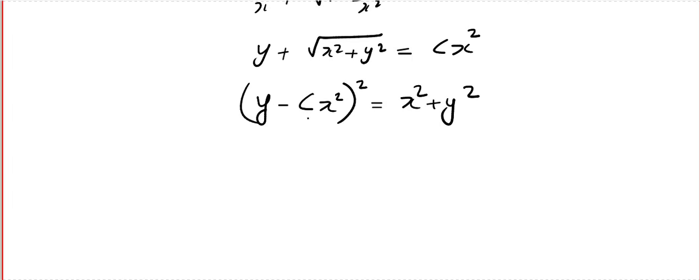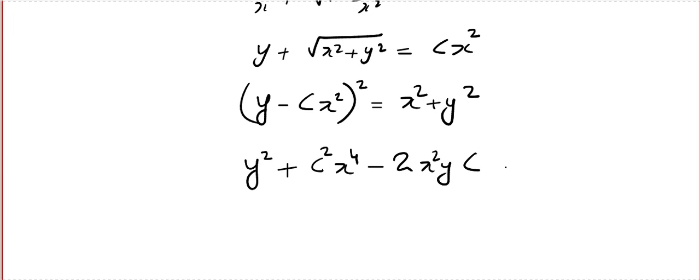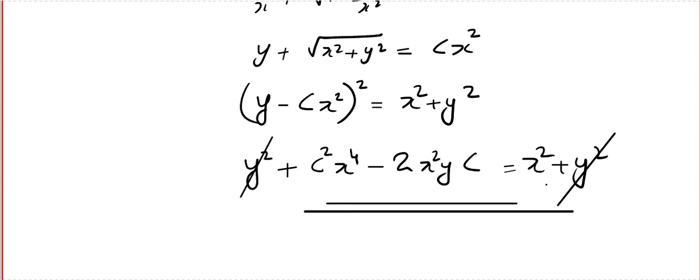Otherwise, you can simplify like y square plus c square x power 4 minus 2 x square y into c is equal to x square plus y square. Y will get cancelled and you can write this as the final answer.